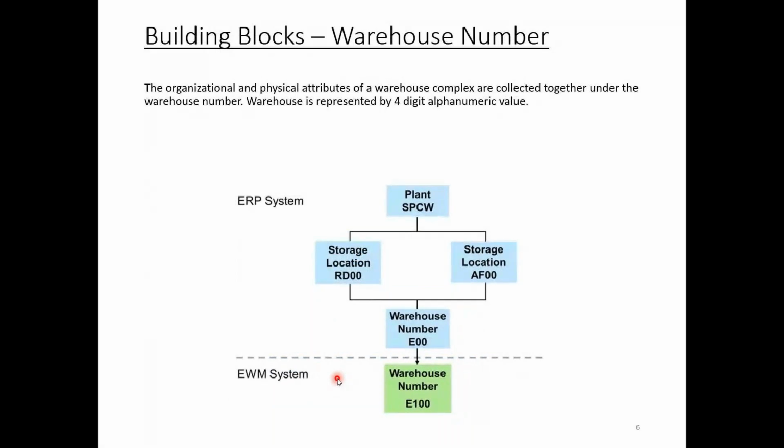In case of EWM, the WM warehouse is further connected to the EWM warehouse. So if you have EWM, all the setup you will do here, and this E00, which is a WM warehouse, is just a bridge between your ERP and EWM.